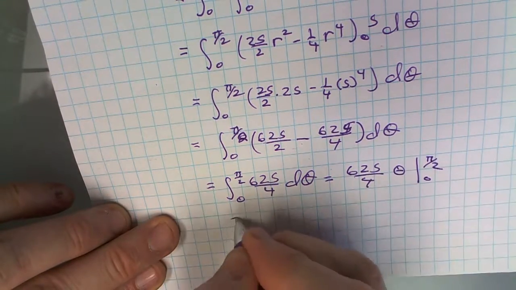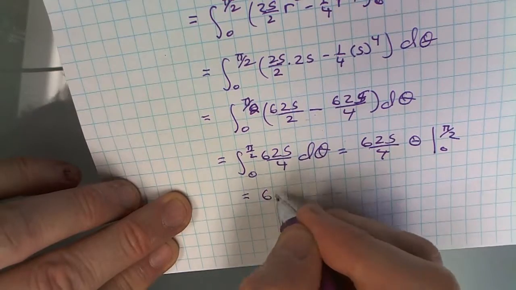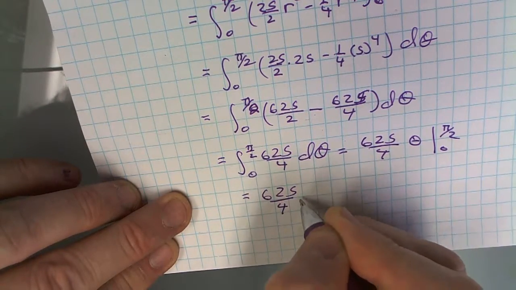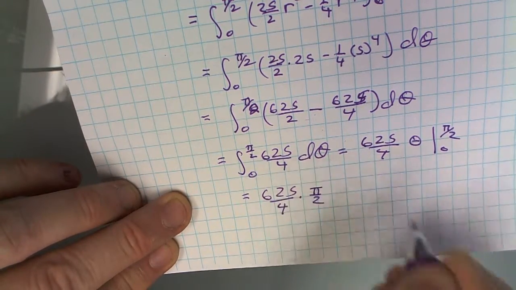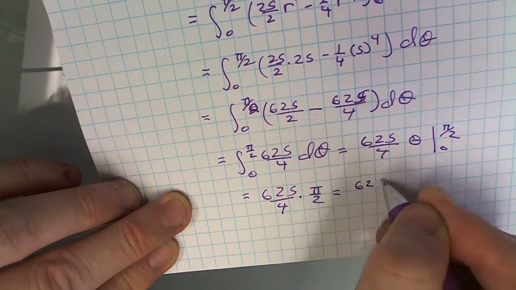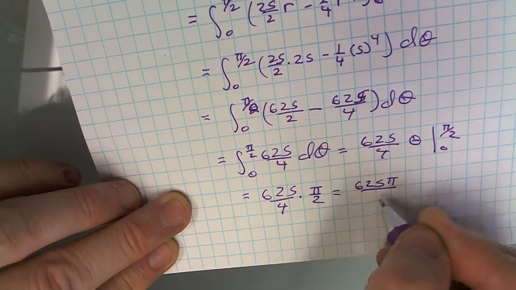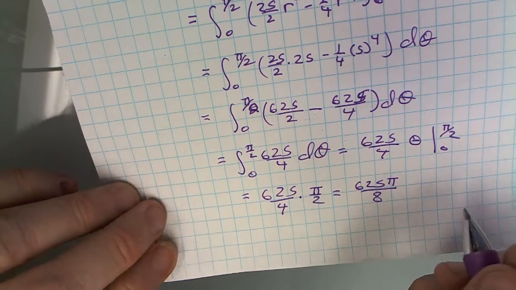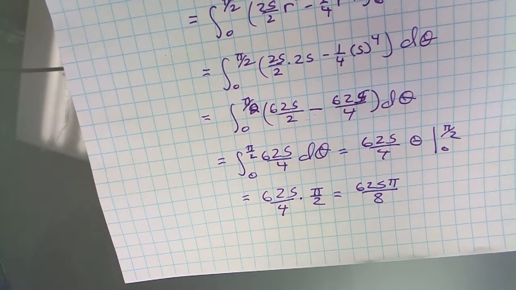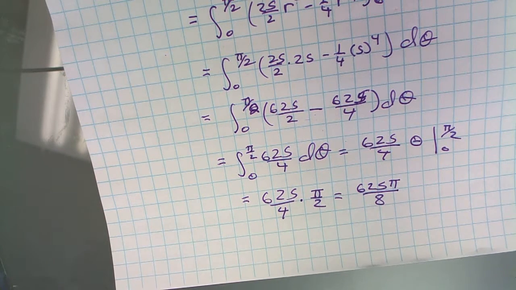And there we have it. So now we have 625 over 4 times pi over 2, and that would be 625 pi over 8. So that integration is a lot less complex than if we had left it in rectangular form.